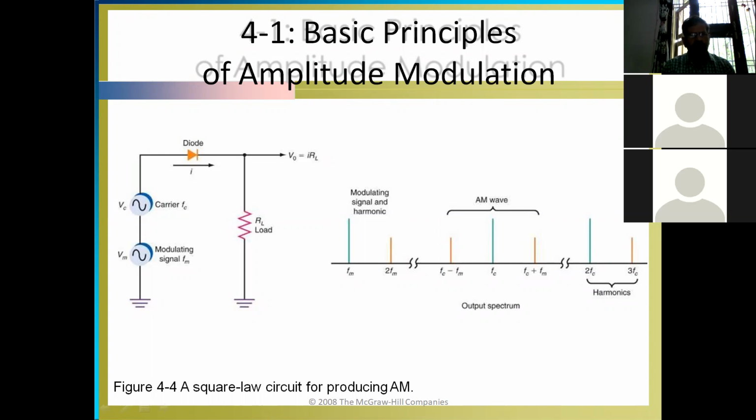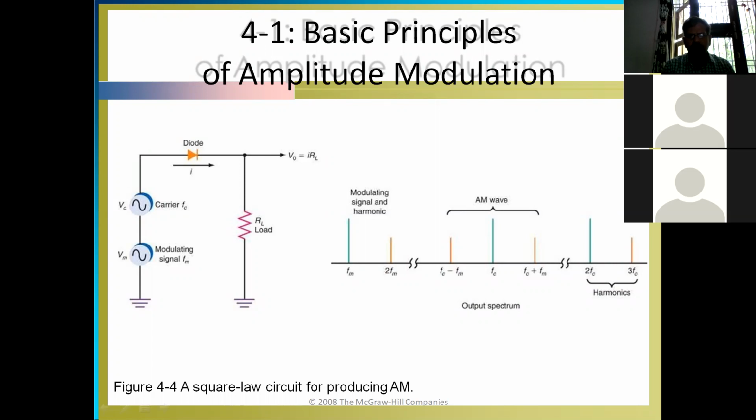In this circuit diagram there are two signals. One is the modulating signal, which has the frequency fm, and the second is the carrier signal, which has the frequency fc. There is a diode and an RL load. The output voltage is noted across the RL.